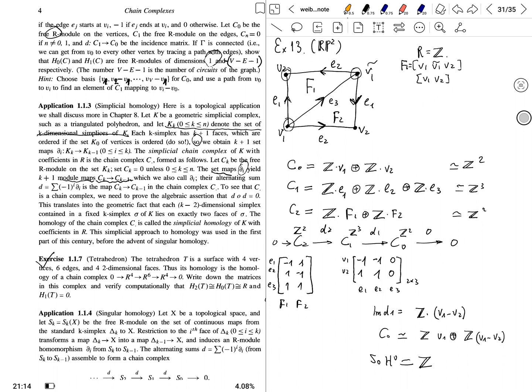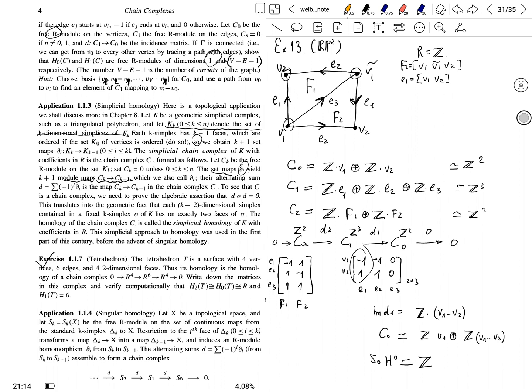Because E1 goes from V1 to V2, the differential maps E1 to V2 minus V1, so the first column corresponds to V2 minus V1. Correspondingly, E2 is mapped to V2 minus V1 again. E3 is mapped to V1 minus V1, so 0.